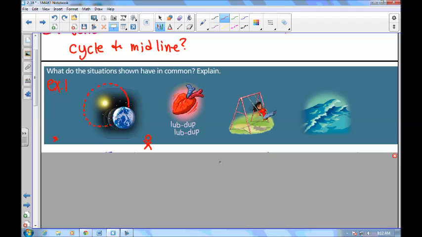Okay, I would like you to look at the Earth's relationship to my position. As Earth starts orbiting, where is it going compared to my location? Away, and then it comes back, and then it goes away, and then it comes back.